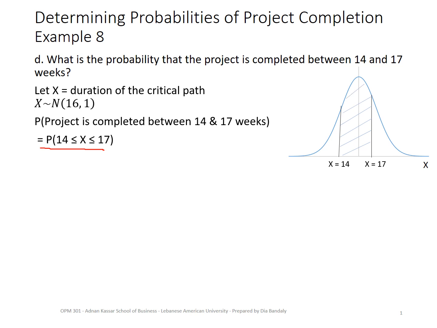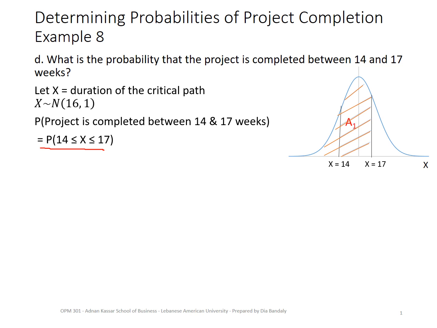This is the blue area. This is what we are looking for, our final answer. What do we notice about this area? It is equal to all that area, which is the probability that x is less or equal than 17, from this cutoff point until the lower tail, and then I can subtract.